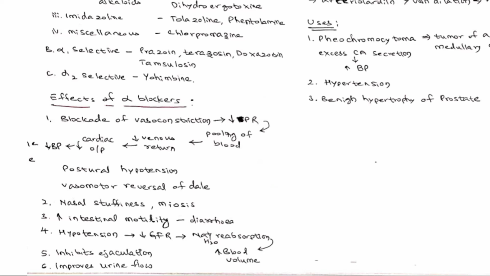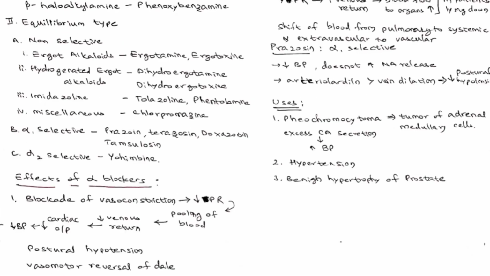This is helpful in hypertrophy of the prostate, as the tone of smooth muscle in the bladder, trigone, and sphincter, and of the prostate is reduced. It has beneficial effects in hypertrophy of the prostate, where urinary outflow is hindered.